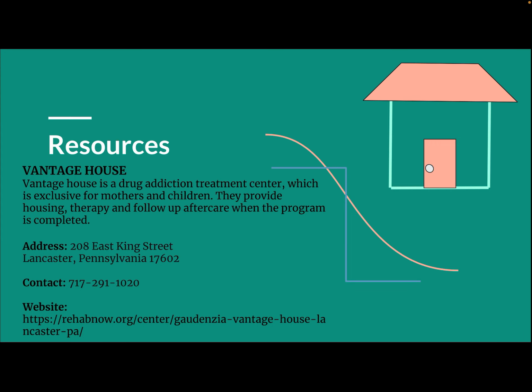And then some of the resources that are available in Pennsylvania: there's one called Vantage House, which is a drug addiction treatment center in the city, and it's exclusive for mothers and children. They provide housing, therapy, and follow-up care when the program is completed.